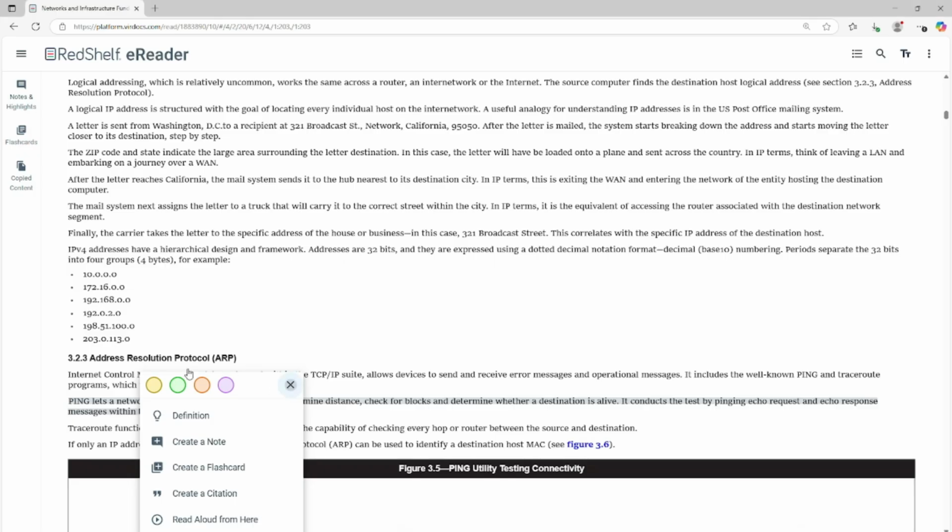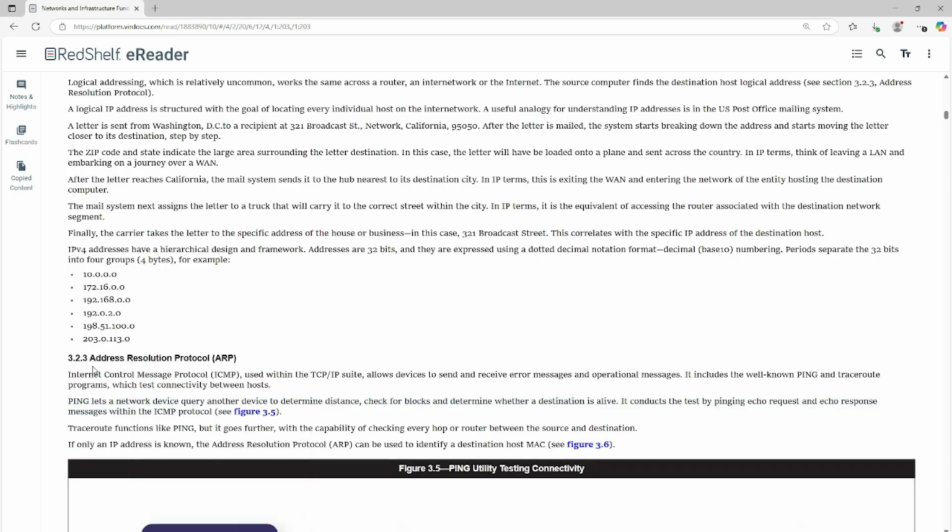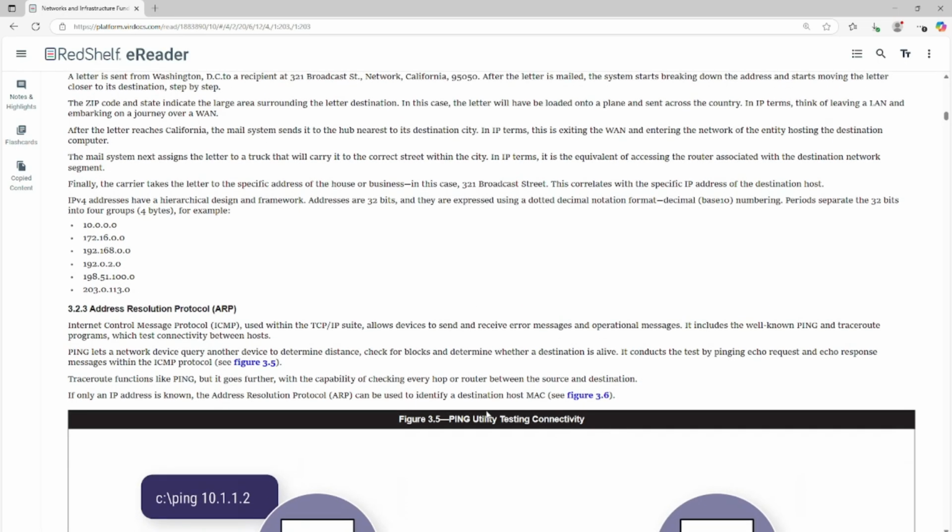The other program that exists within address resolution protocol is traceroute. It functions just like the ping, but it goes further. It has the capability of checking every hop or router between the source and destination.